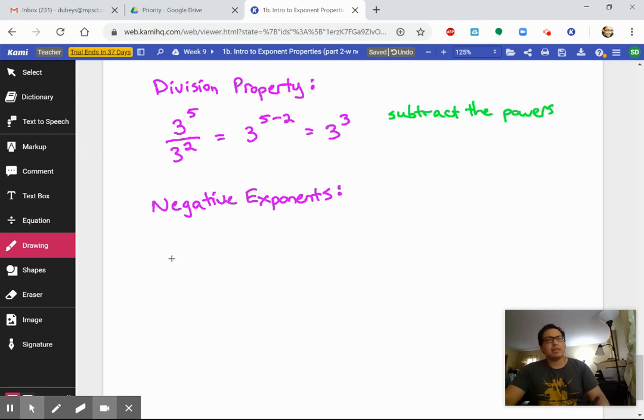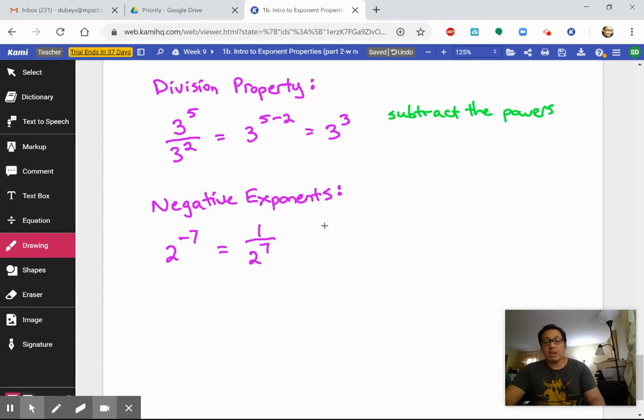Let's use a different number. Let's say we had 2 to the negative 7th power. That's the same as 1 divided by 2 to the positive 7th power.